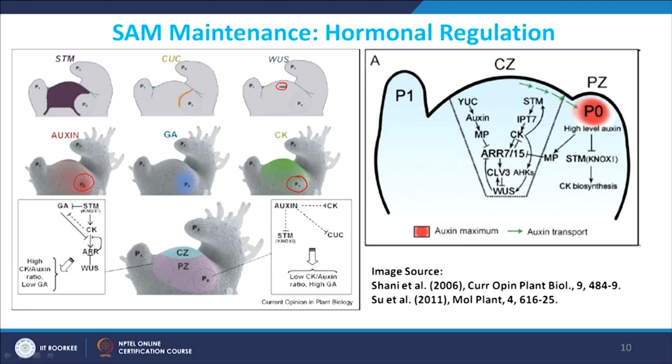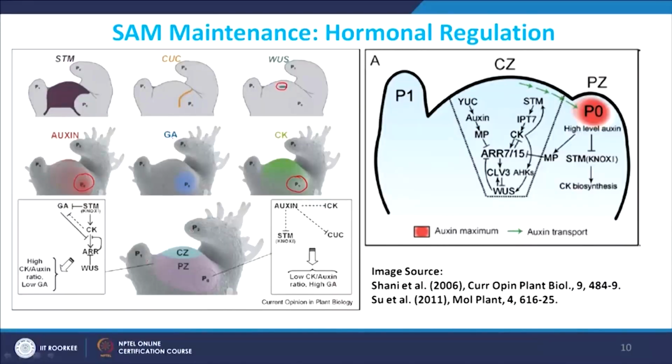Gibberellic acid is quite similar to auxin, but auxin also has some responses here. So, this suggests that cytokinin is very important for regulating meristematic activity in the shoot apical meristem, whereas auxin plays a major role in organogenesis, the initiation of new lateral organs, and that is how it happens.